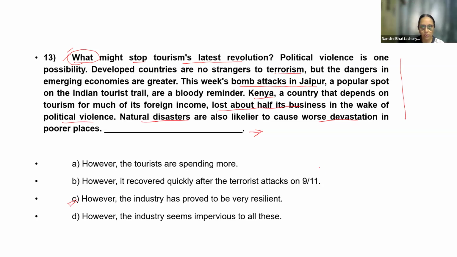Let's see whether C would be your answer. Shyam, what do you think? I couldn't find the answer. So what is the answer you are looking at? Ma'am, I am confused between C and D. Okay, C and D.